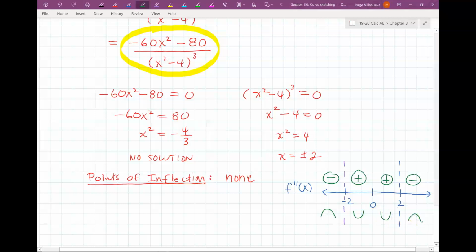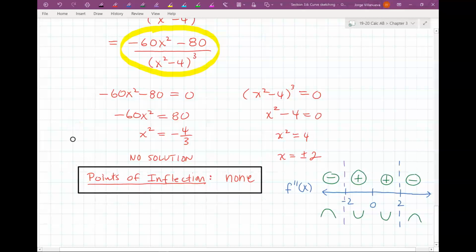So if there wasn't an asymptote there, then you would say -2 and 2 would be points of inflection, because it does change concavity at -2, and it does change concavity at +2. But since those points would have to lie on a vertical asymptote, you can't actually call them points of inflection, right? So that's why we say there's none. So I'm going to put a little box around here. So now we're done with everything we need to do besides drawing a picture.